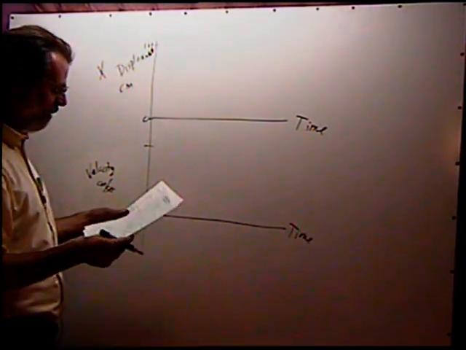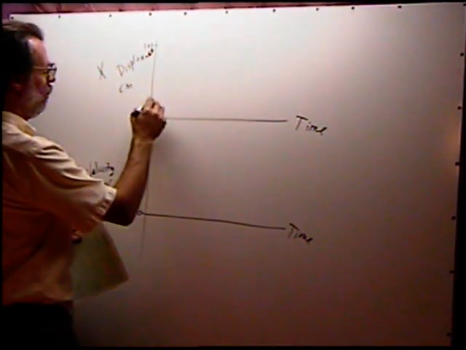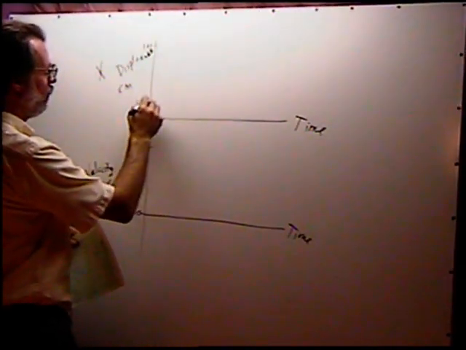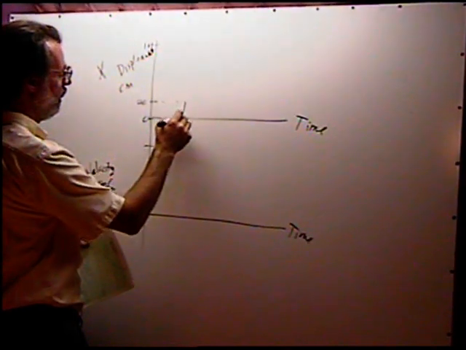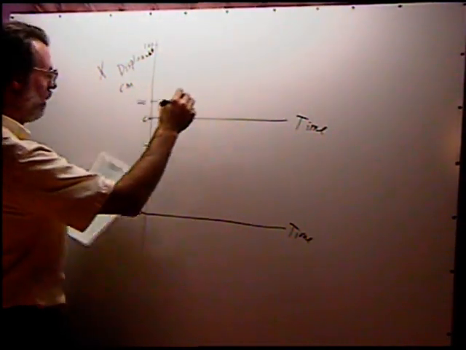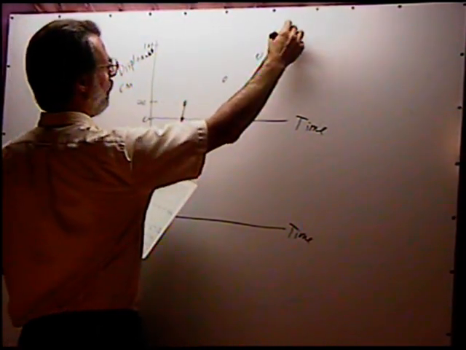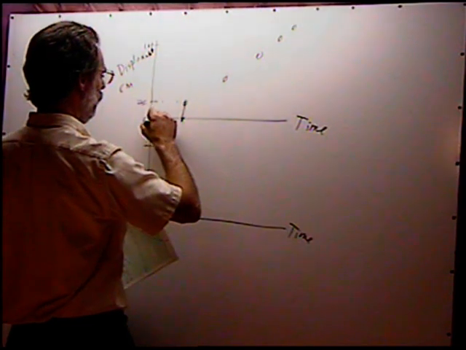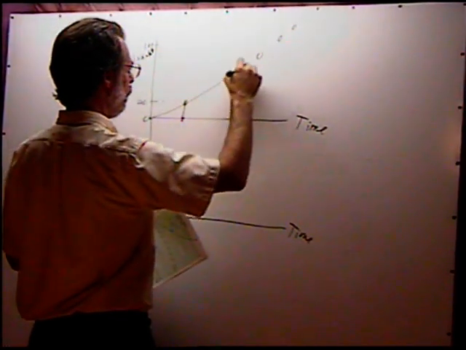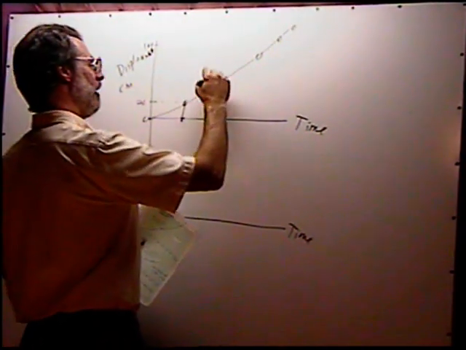From your average time data, what you will do is you'll say, okay, the ball rolled to 20 centimeters in x, whatever the time is, and you're going to plot this point, plot this point, plot this point, and you're going to draw a smooth line through these. Now what you should find out is that this is a curved line.